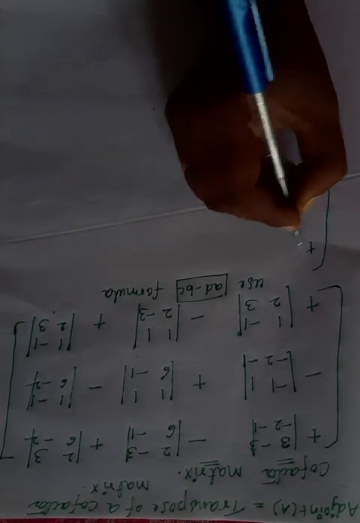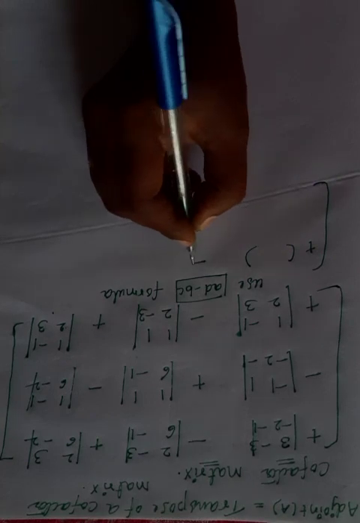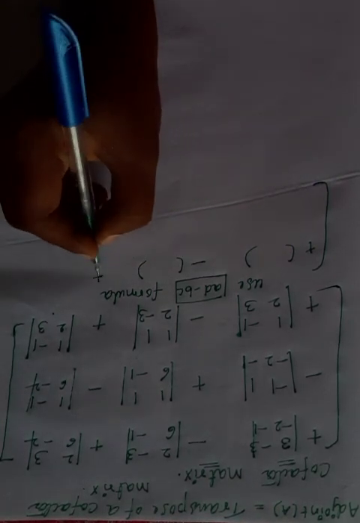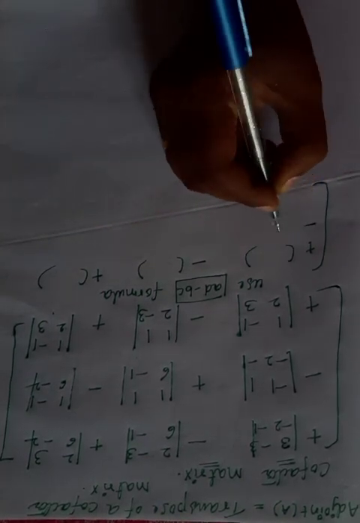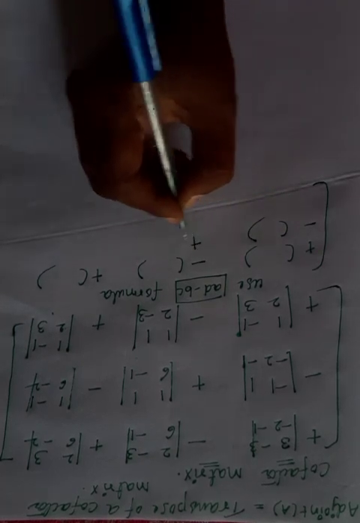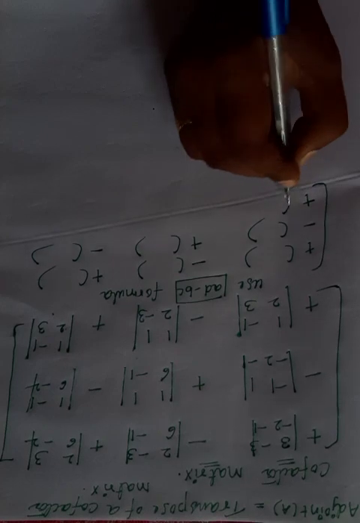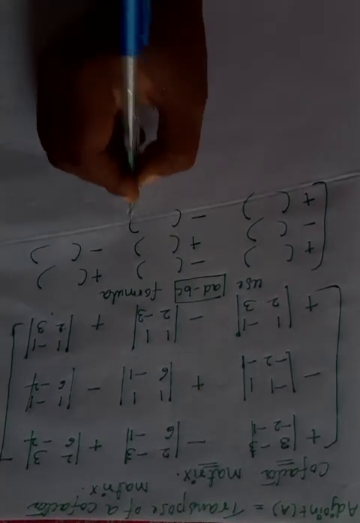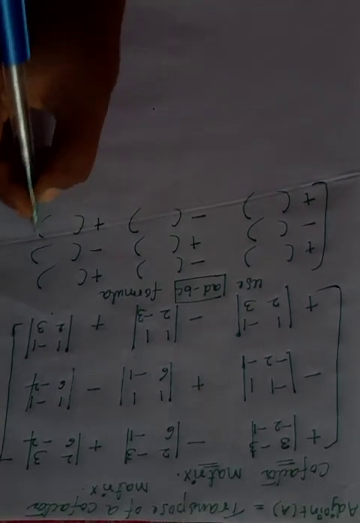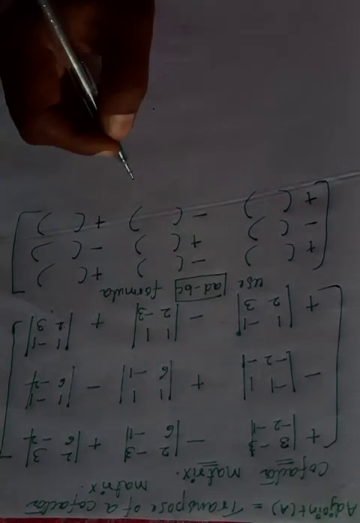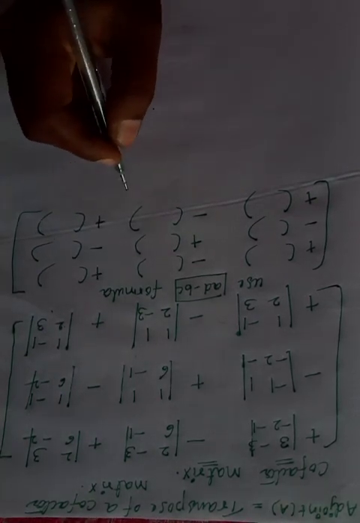So plus bracket, minus bracket, plus bracket, minus bracket, plus bracket, minus bracket, plus bracket, minus bracket, plus bracket. In these brackets we have to write the solutions for AD minus BC.